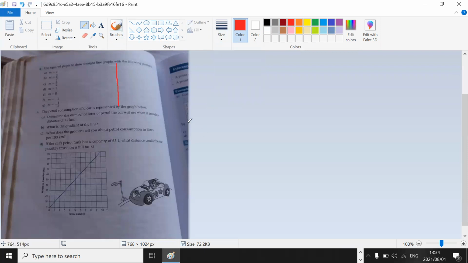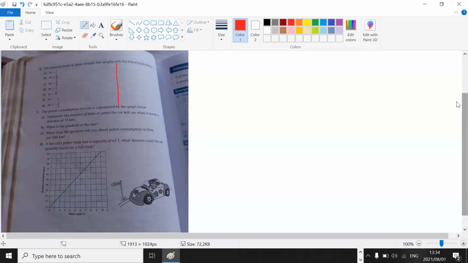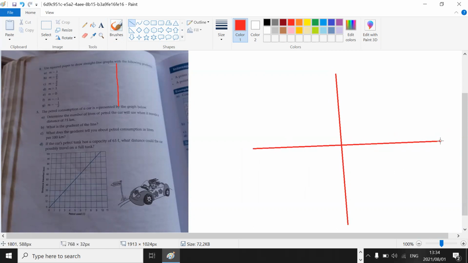Let me draw it this side where we have a space. I don't have a ruler, so it will not be straight, or maybe let me use this so that it can be straight. Yes, so this is a Cartesian plane.